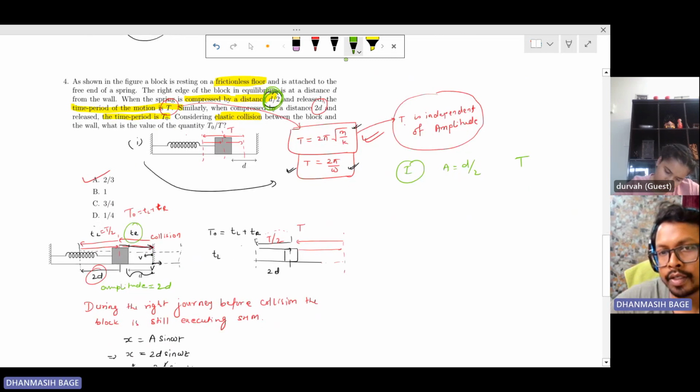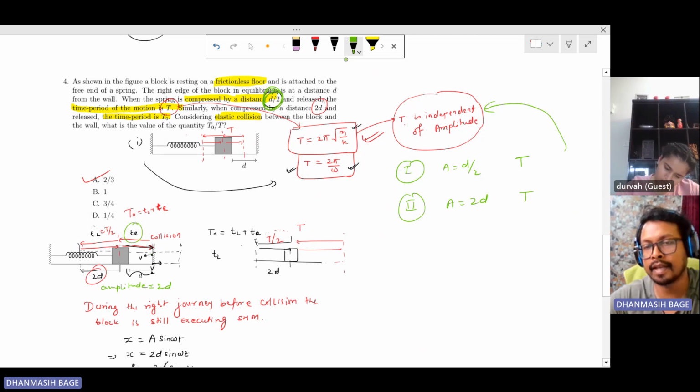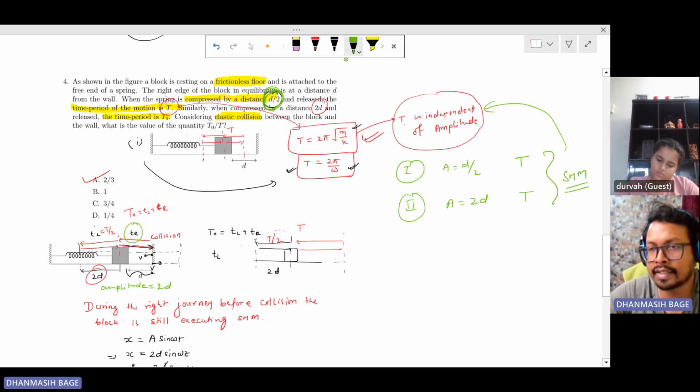No problem. So in the second case, amplitude is equal to 2d. Time period will still be t. Why? Because in this case, time period does not depend on the amplitude. In both the cases it executes simple harmonic motion, just see that if you leave it, it will perform simple harmonic motion.